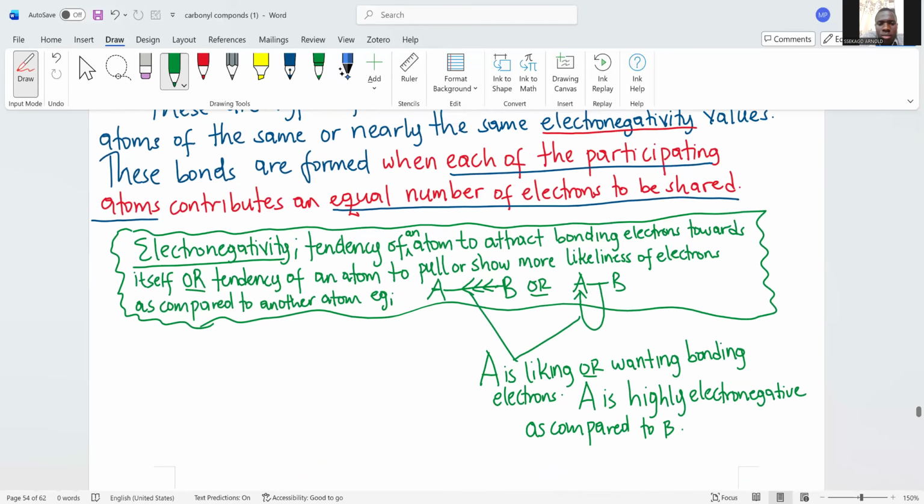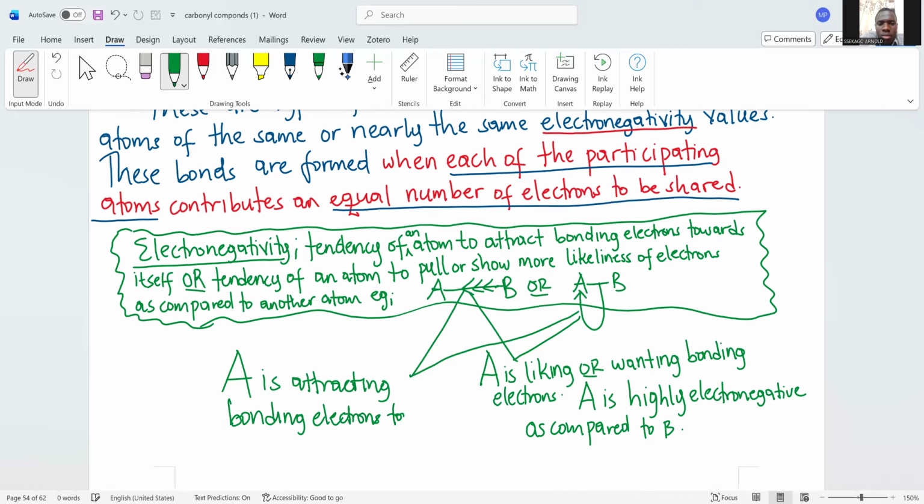So you see, these arrows furthermore show you that A is attracting bonding electrons towards itself.